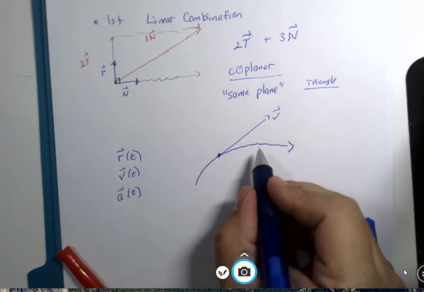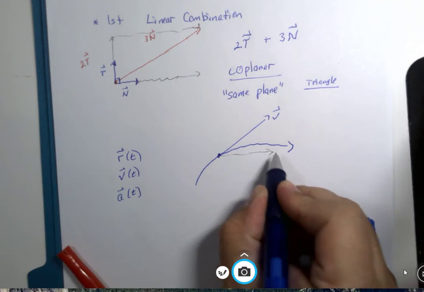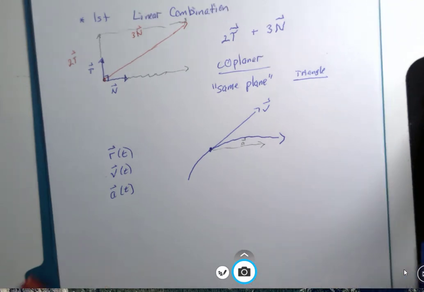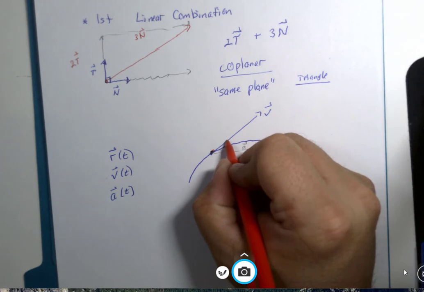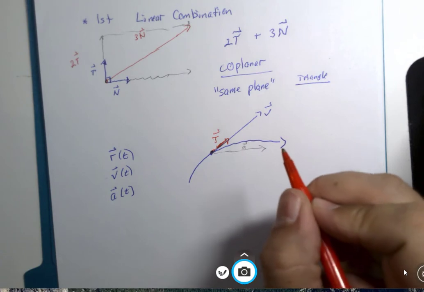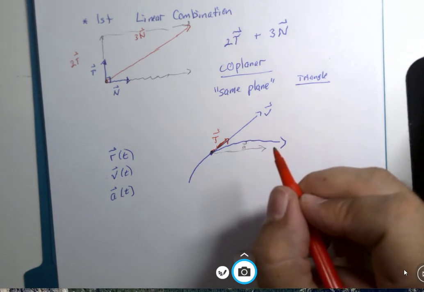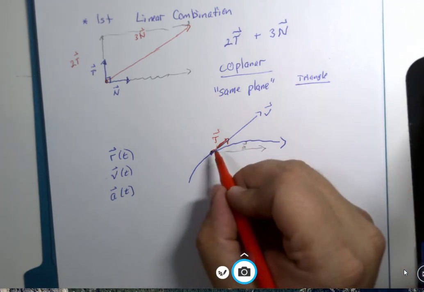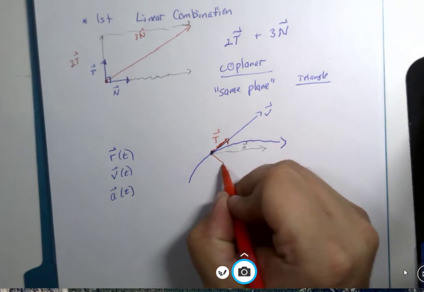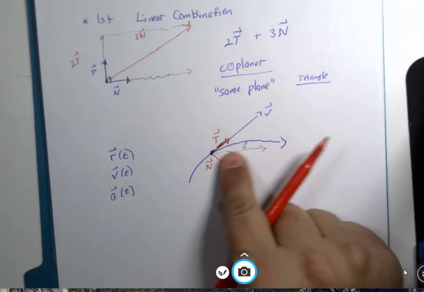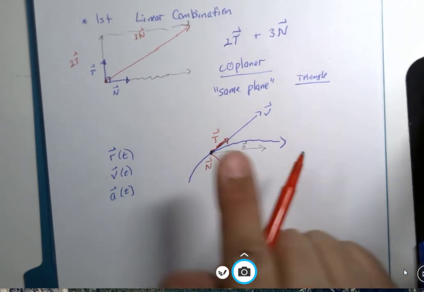Call that acceleration. The unit tangent vector is the velocity vector but made 1 unit long. The principal unit normal vector happens to be on the same plane as tangent and acceleration. And you could even say it's in the direction of acceleration as opposed to pointing the other side.